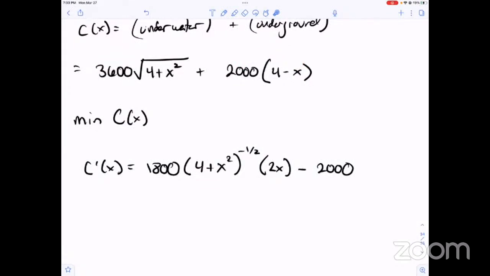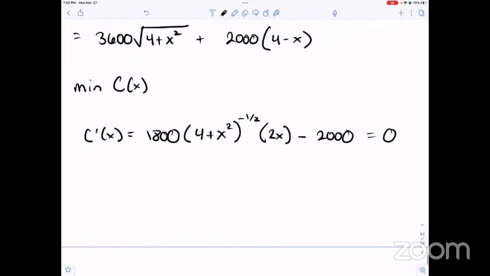So then the goal here is to set it to 0 and solve. I'm going to get a common denominator. So we have this 4 plus X squared under the radical, and on top we have 3,600x. Then we got this minus 2,000.